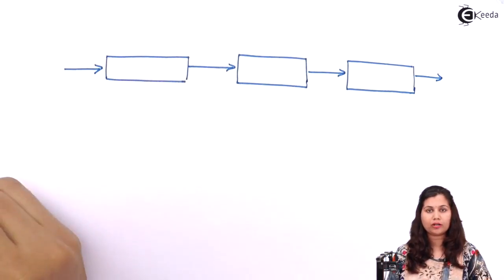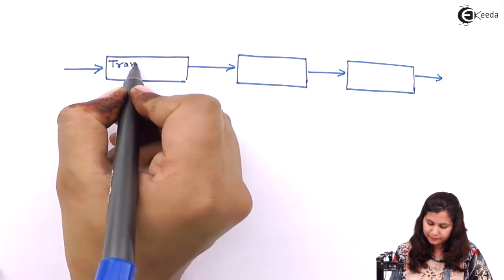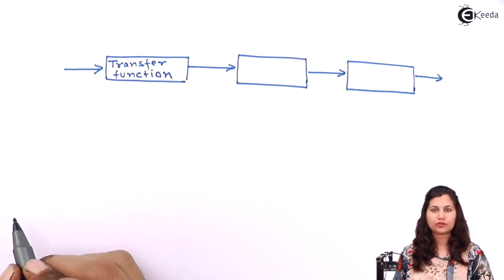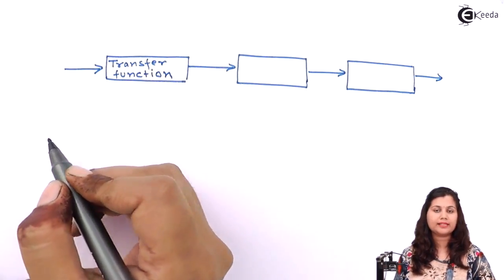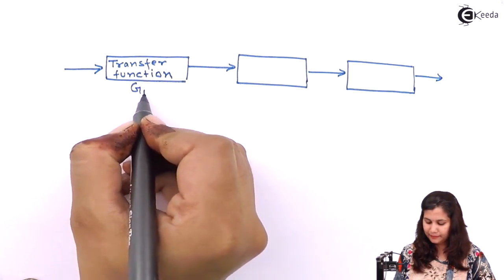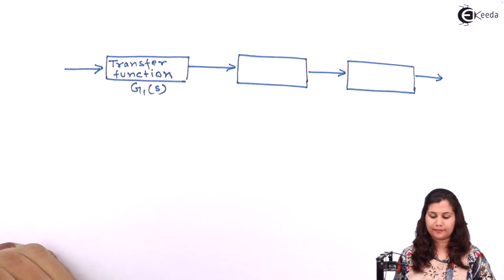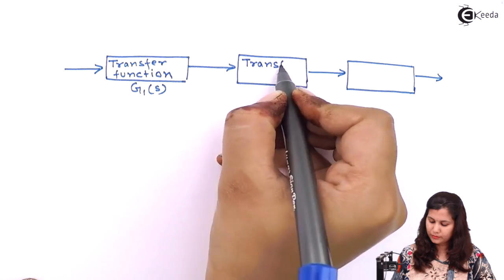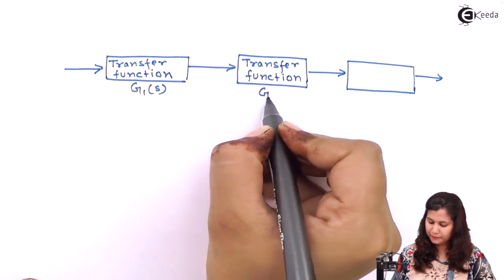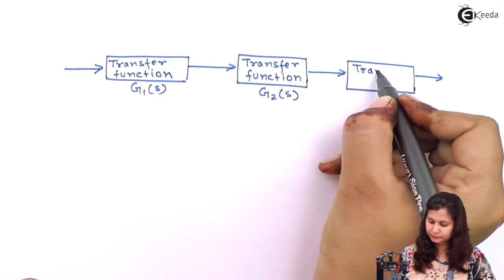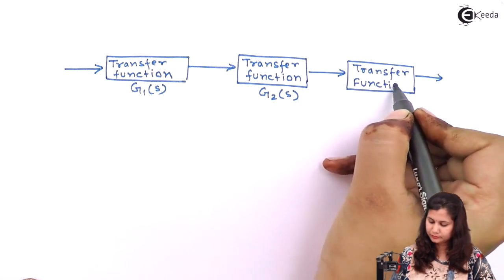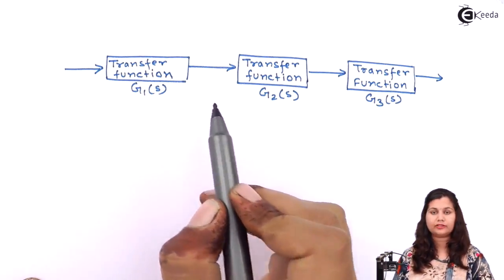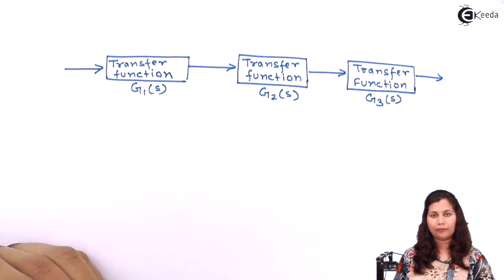So the first block has the transfer function of the first component. Let's suppose this transfer function is given by G1(s). This is the second component. And this is the third component. So we have written the transfer function for all the 3 components.